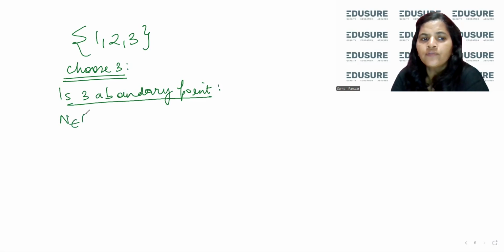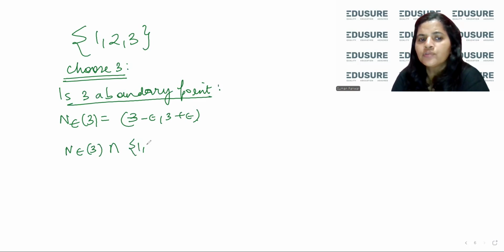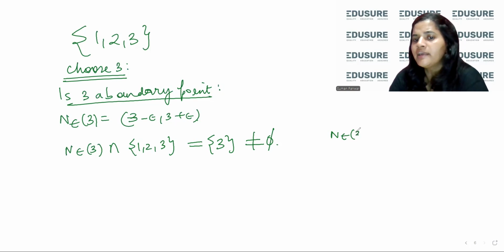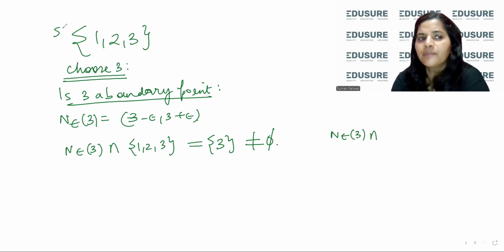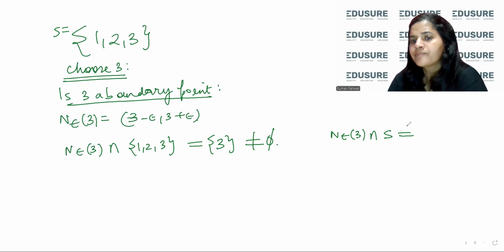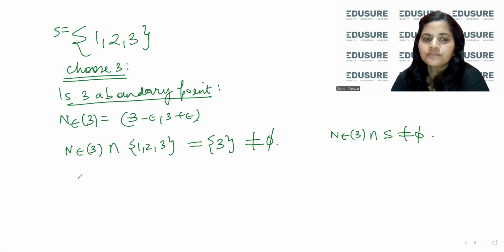A neighborhood of 3 will look like (3 minus epsilon, 3 plus epsilon). If you look at the intersection with the set {1, 2, 3}, this intersection will always contain 3 and therefore it is non-empty. So N epsilon 3 intersection S is non-empty.